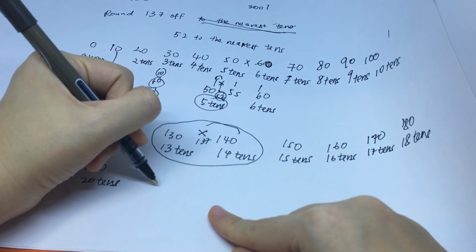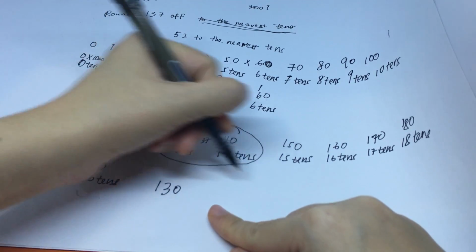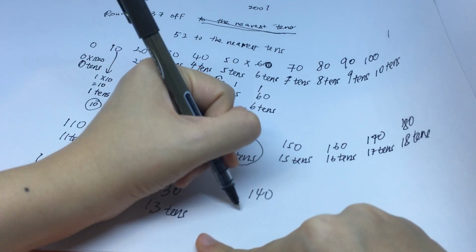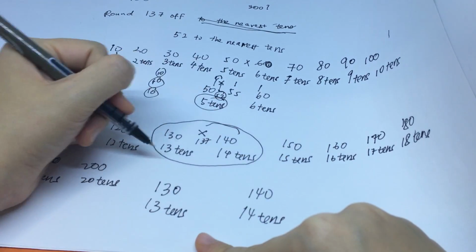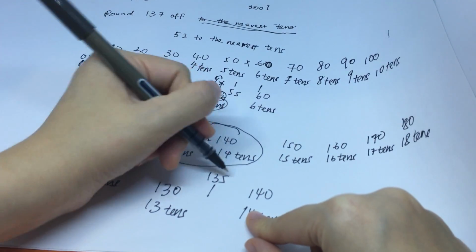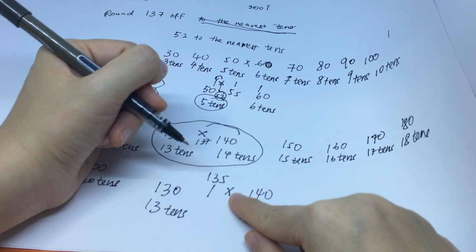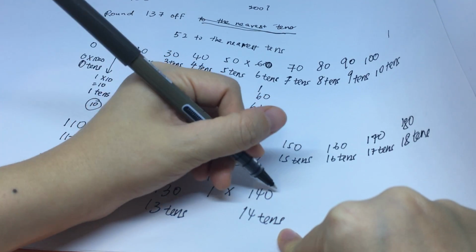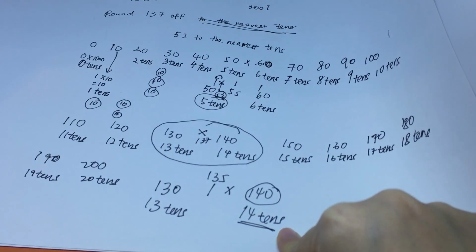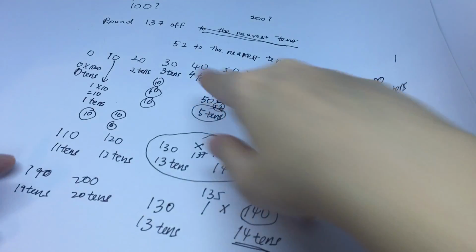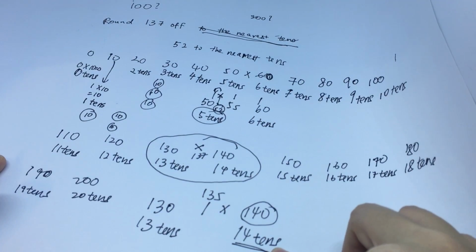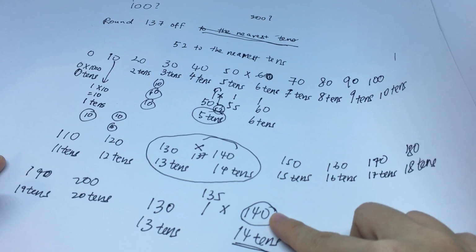And if I look between 130 and 140, right in between them is 135. 137 would fall around here, so it's nearer to 140, which is 14 tens. So if I were to round 137 off to the nearest tens, the nearest tens is 14 tens, which is 140.